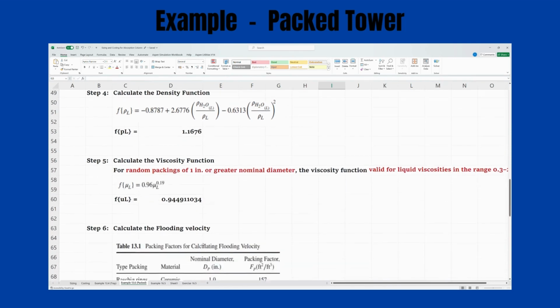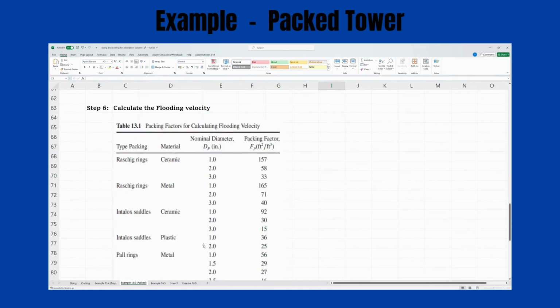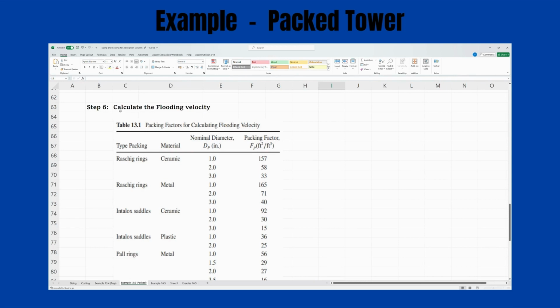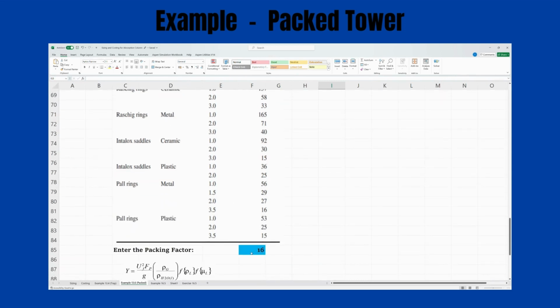After we have Y value, density function, and viscosity function, we can proceed with step 6, which is to calculate the flooding velocity. In this case, we need to enter the packing factor. So the question is pouring metal 3.5 inch, so the packing factor is 16.